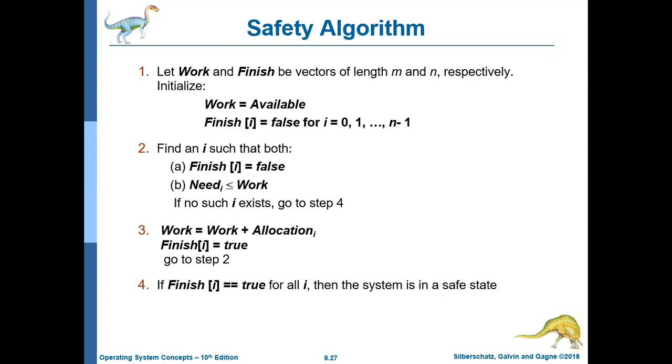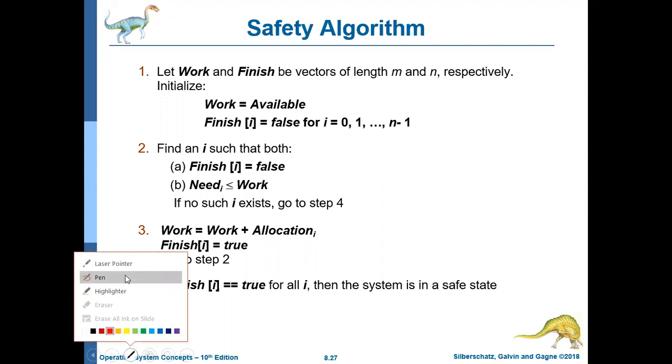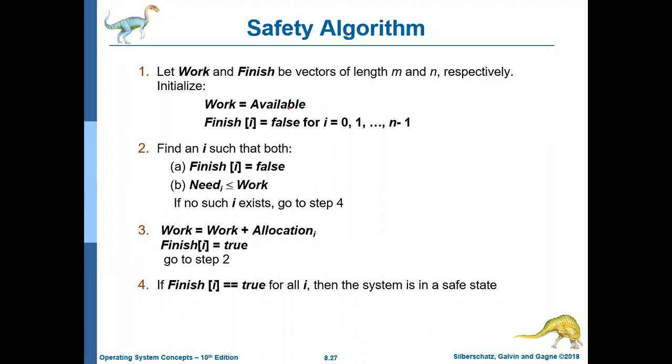First, for checking, we don't want to disturb the original values of the matrices. Whatever we have, allocation, need, max demand, we don't want to change those matrices. That's why here we are taking another array work with respect to available.